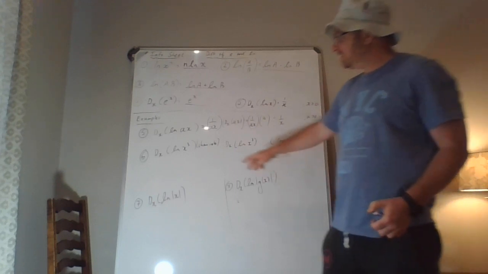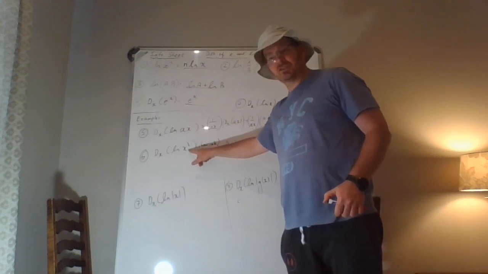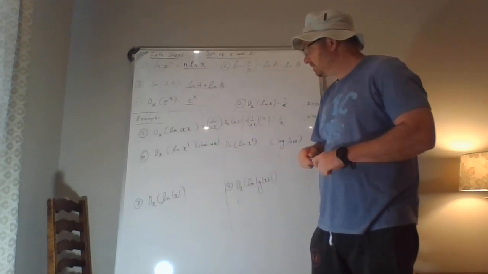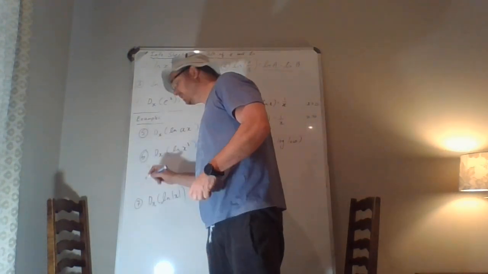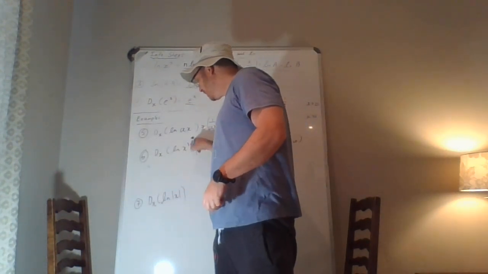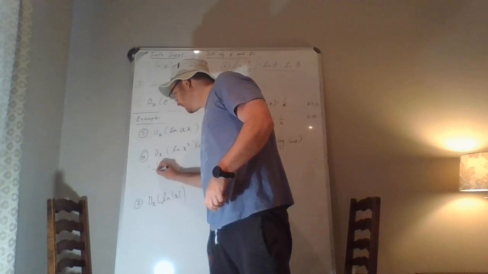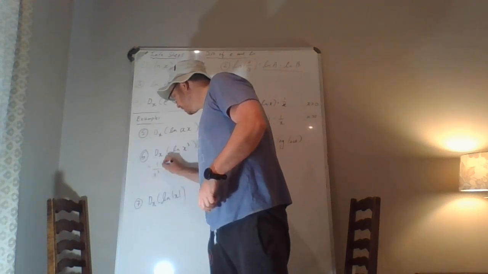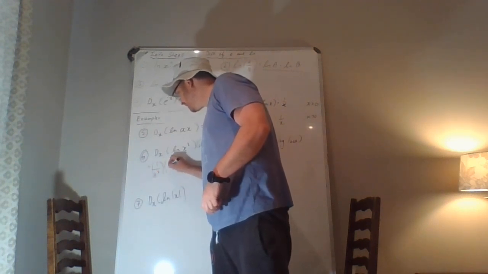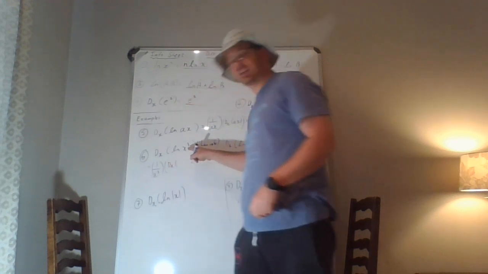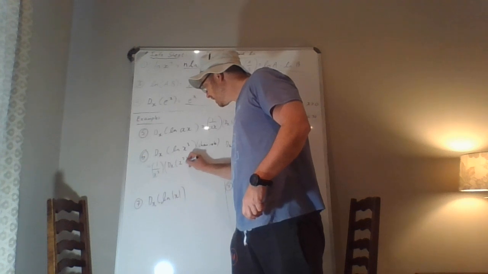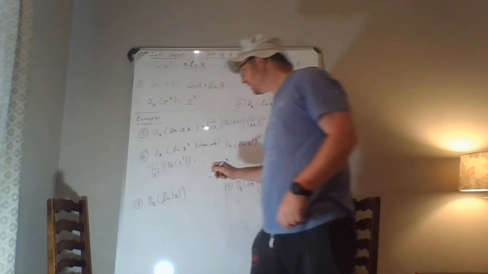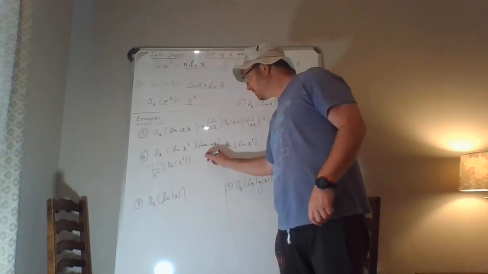For the first one, I don't want you to use the log laws first. I want you to just use the chain rule. Using the chain rule, this is equal to 1 over that function, so 1 over x cubed, times the derivative of the inside function, which is the derivative of x cubed, and that's 3x squared.